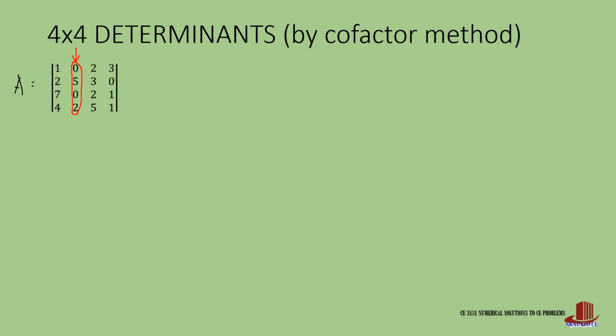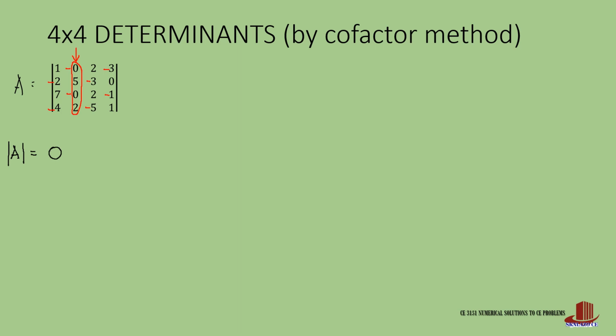Again, start off with your cofactor method, distributing your interchanging signs. Then work with our determinant. So determinant A would be taken as, the first one would be 0.